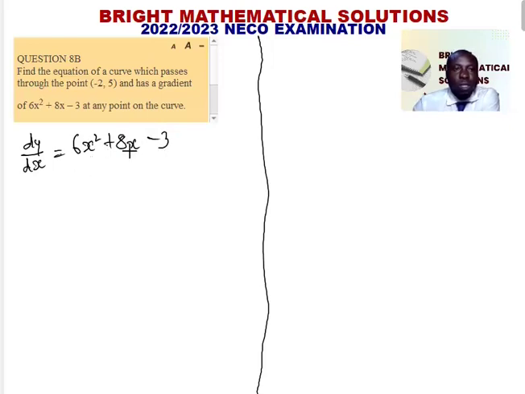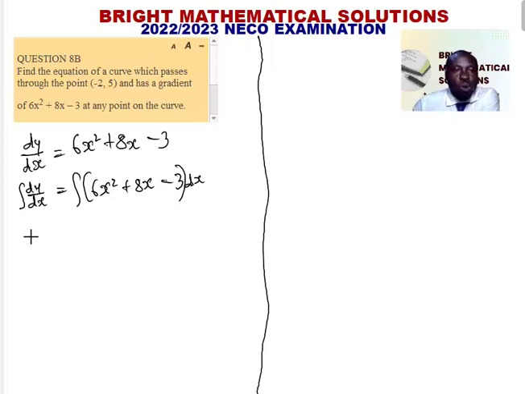Now, to get the particular equation where this change was derived, we need to integrate dy/dx, which is the integral of 6x² + 8x - 3. We are integrating with respect to x.